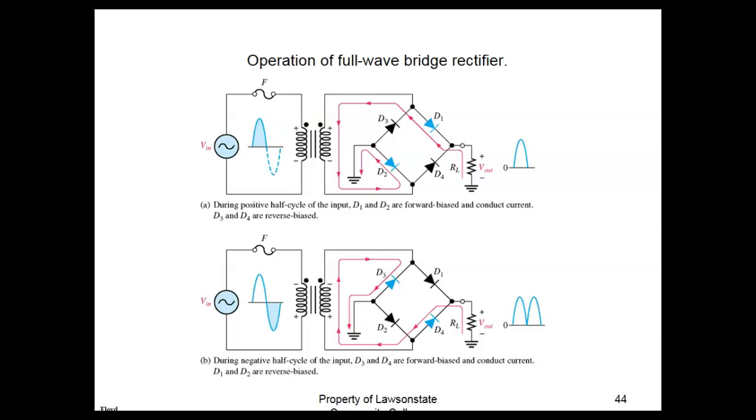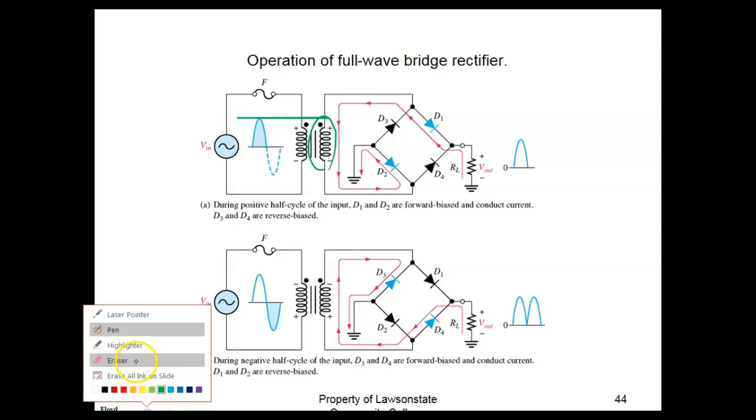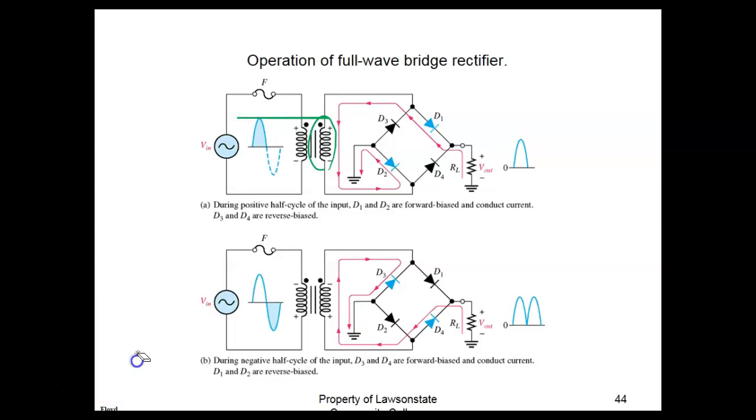Now, here we can't look at what's pointing back toward the source, because here's the source. First of all, one advantage of a bridge rectifier is it does not require a center tap transformer. By the way, normally when they wire transformers, they wrap the windings on top of each other.